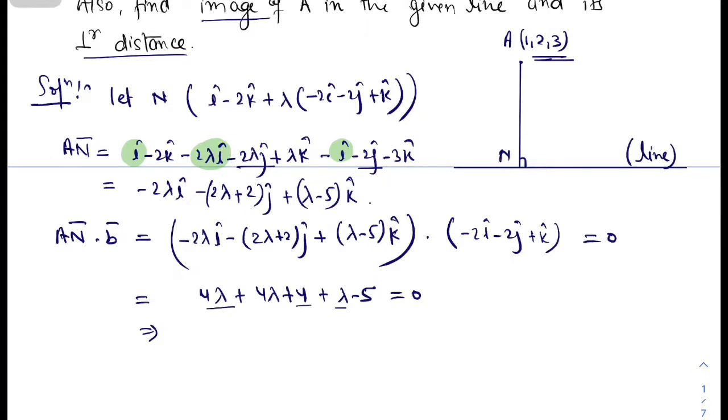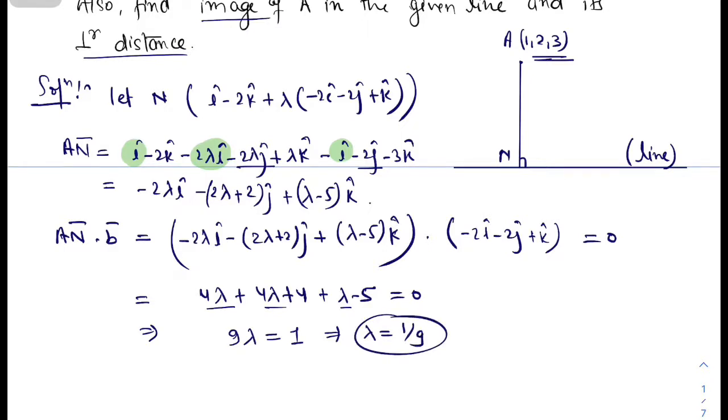So this is 9 lambda, and 9 lambda is equal to 5 minus 4, that is 1. So lambda is equal to 1 by 9.